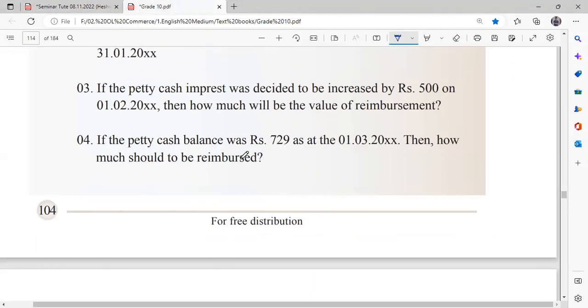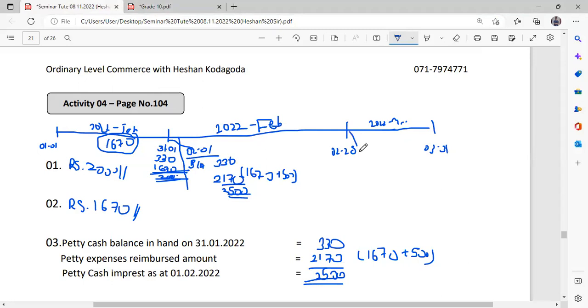Okay, now the other one. If the petty cash balance was 729 as at the 1st March 2022, how much should be reimbursed? Now this is the timeline. Now you know this is March 1st. Okay, this is March 1st, right?